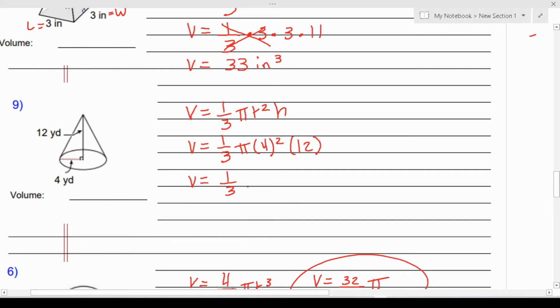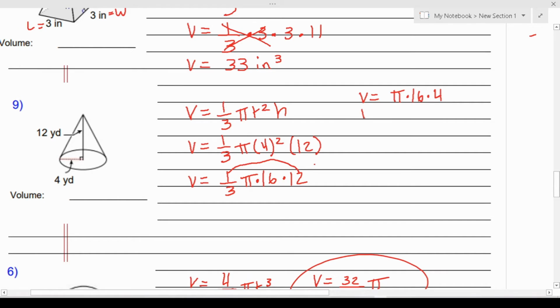This is 1/3 pi. 4 squared is 16, so this is times 16 times 12. And I want to get rid of this fraction before I proceed. So I'm going to take 1/3 and multiply it by 12. That's the same as 12 divided by 3, which is going to be 4. So this is pi times 16 times 4.